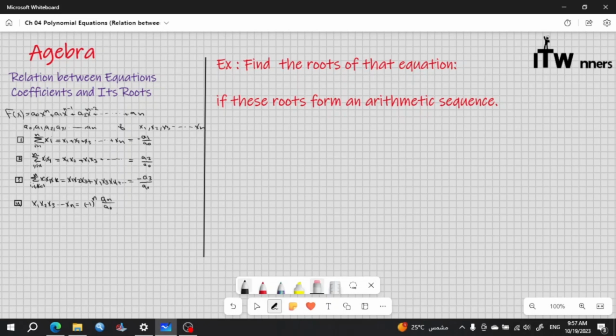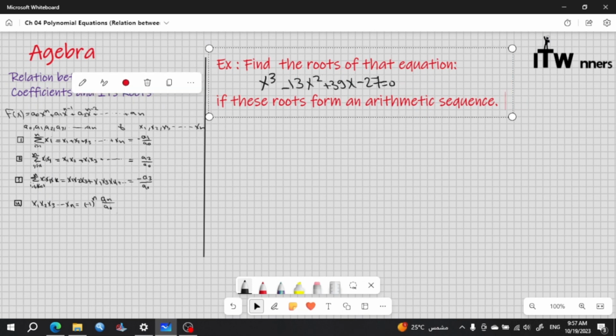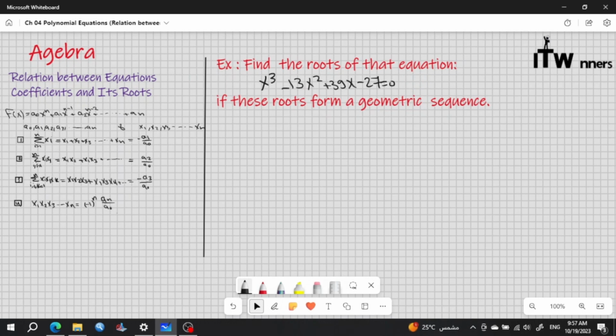Here we have x³ − 13x² + 39x − 27 = 0. If these roots form a geometric sequence, then these roots can be written as a/r, a, and a·r.